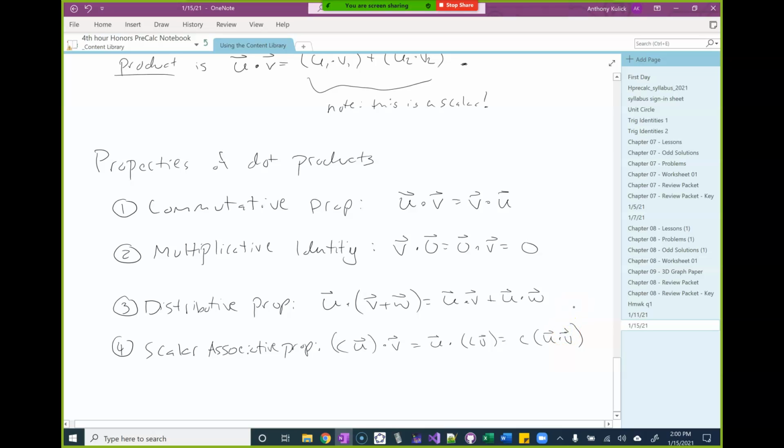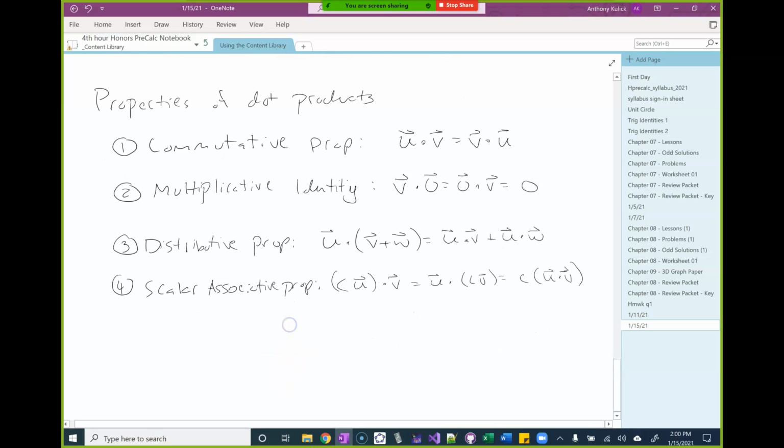Or you could do the dot product and then apply the scalar c. One is the magnitude property that says if you take the dot product of a vector with itself, you get the magnitude squared for that vector.